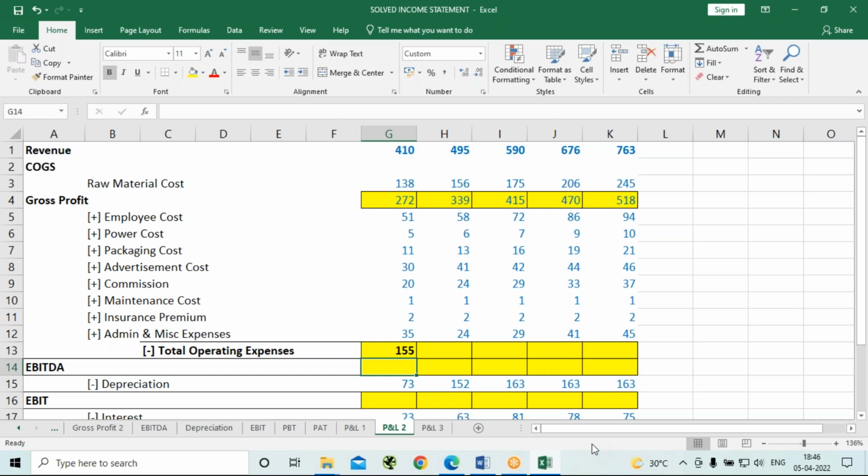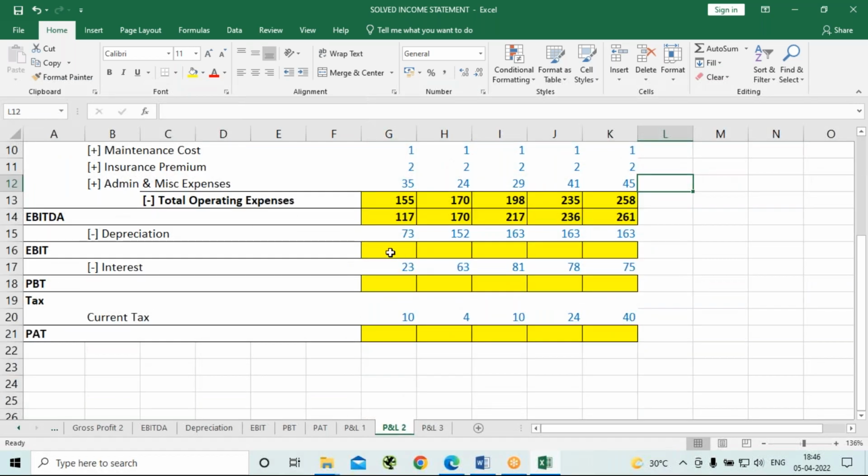So it is 155, and again I'll select this and press Ctrl R so that I get these values. Now EBITDA will be calculated as gross profit minus 155. Accepted. So now Ctrl R again.